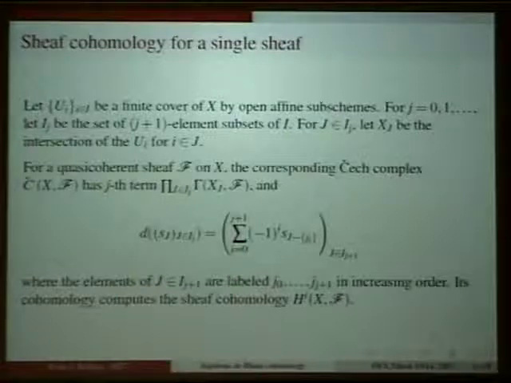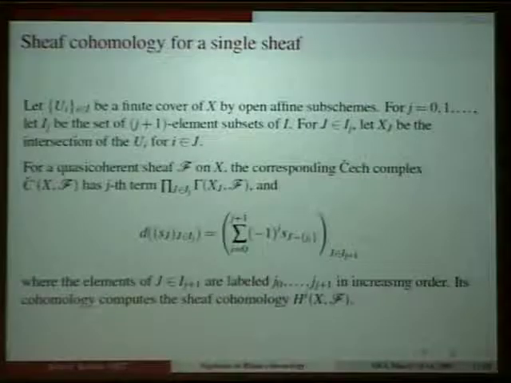This is more easily said than read, so I won't try to read it. In step 0 of the Čech complex, you just have the sections over the individual open affines, and then at step 1, you have the twofold intersections. At step 2, you have the threefold intersections, and so on and so on.